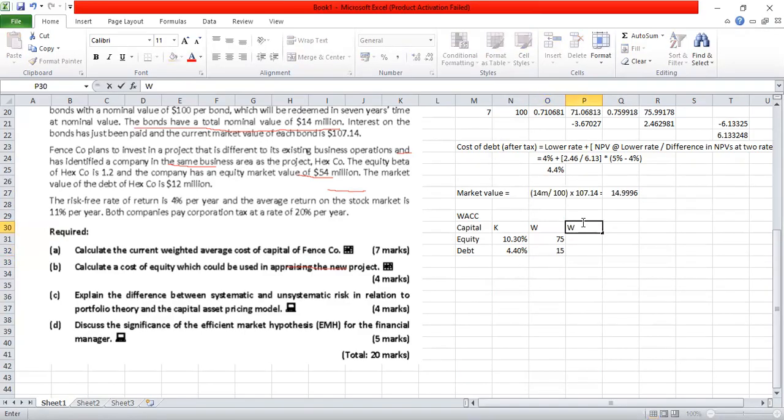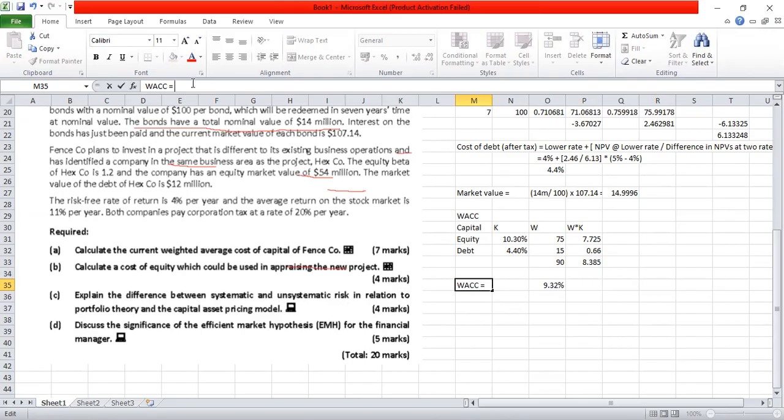Then multiply W into K. It says WACC is equal to total cost divided by total capital.